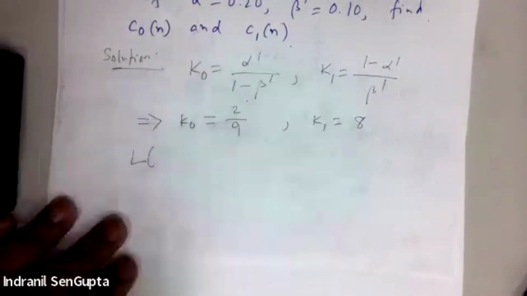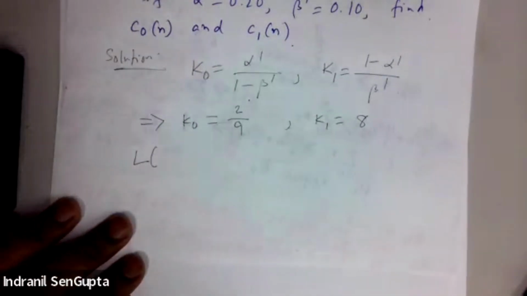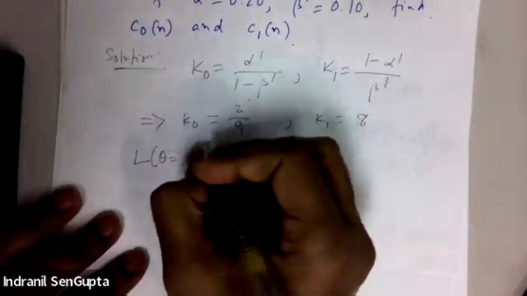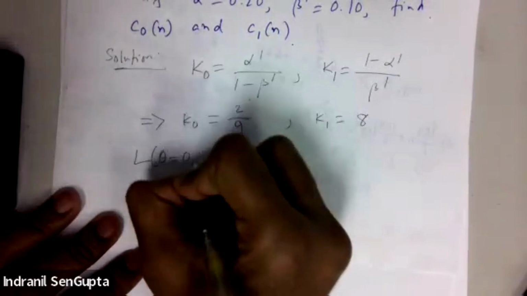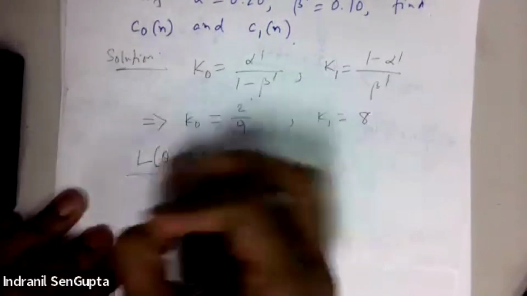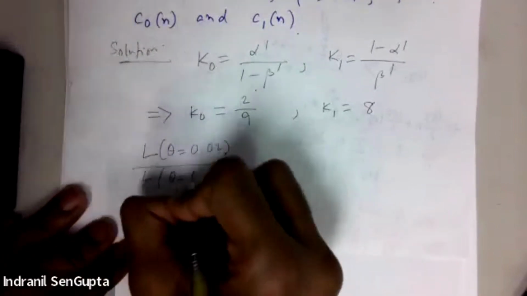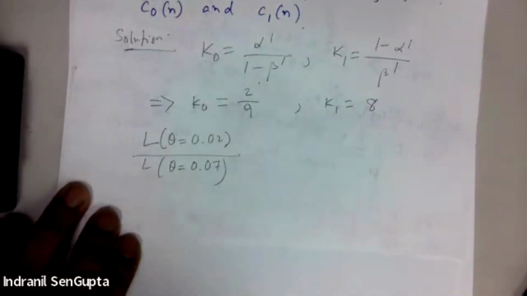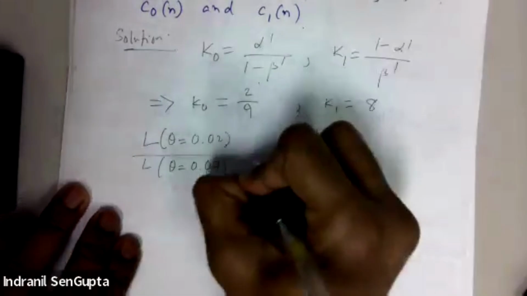So L of theta equals 0.02 over L of theta equals 0.07 for the Poisson process. We'll check.